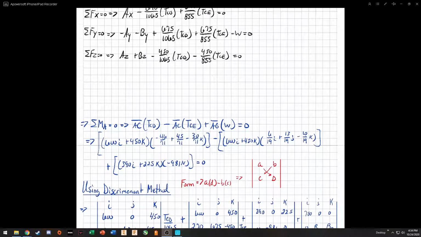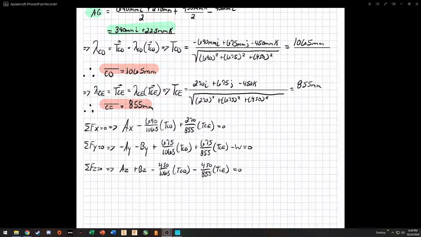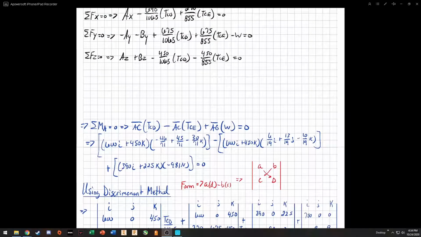I broke them down into our sum of squares over the 270, so negative 690, 675, negative 450 all over 1065 is broken down into these points right here.